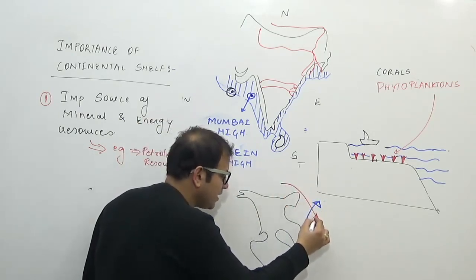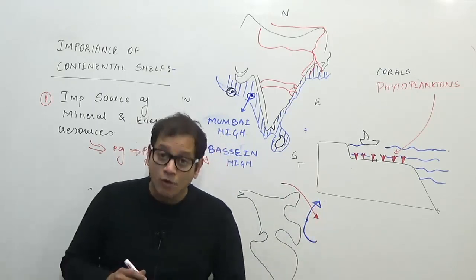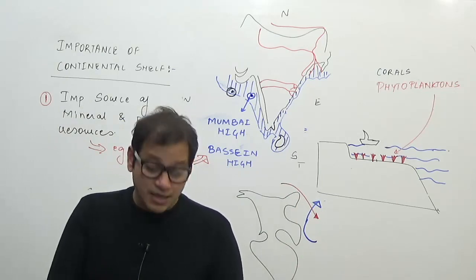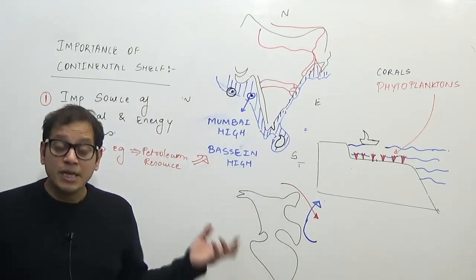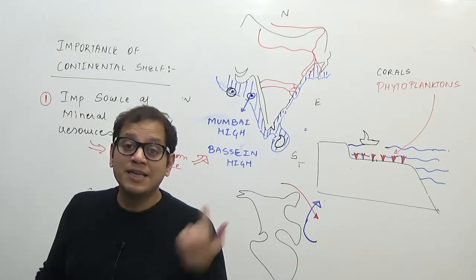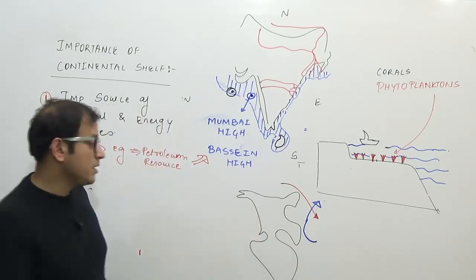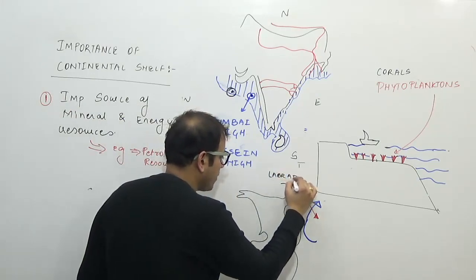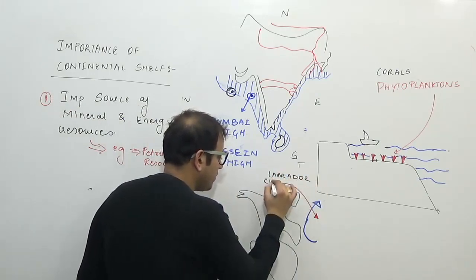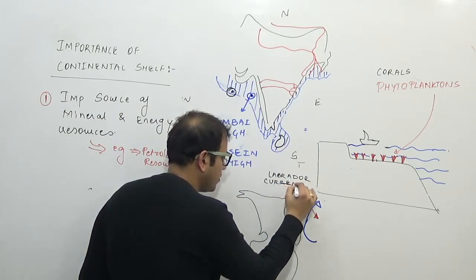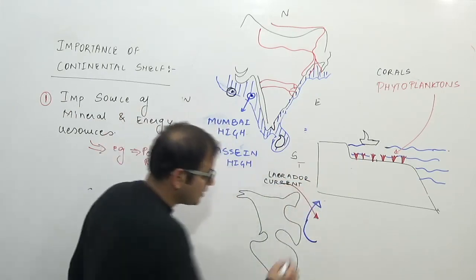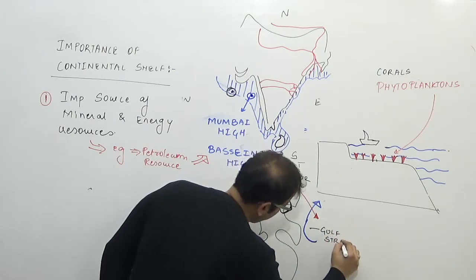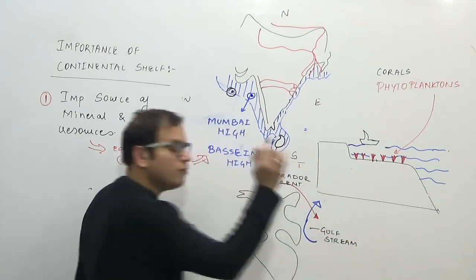We have not done the ocean currents yet, but we have done the temperature inversion, where the cold and warm currents were discussed. This is the Labrador current, which is an example of a cold current, because it is coming from the polar region. This is the Gulf Stream, which is coming from the equatorial region. It is an example of a warm current.